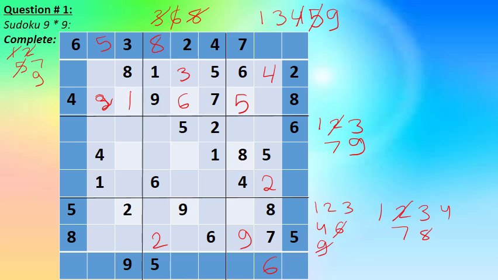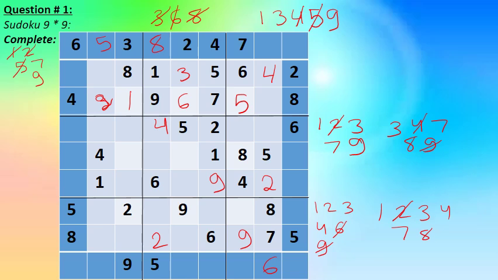Now the box in the middle, Dana, what is it missing? 1, 2, 3. 3 has many choices. 4, it cannot be placed in the second line, not the third, so it's beside 5, we write 4. 7, 8, 2 choices, and 9, it is placed under 1, we write 9.